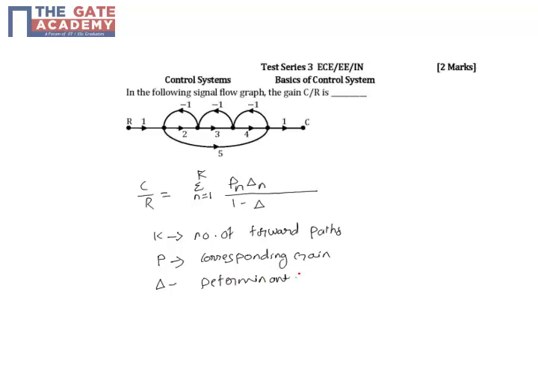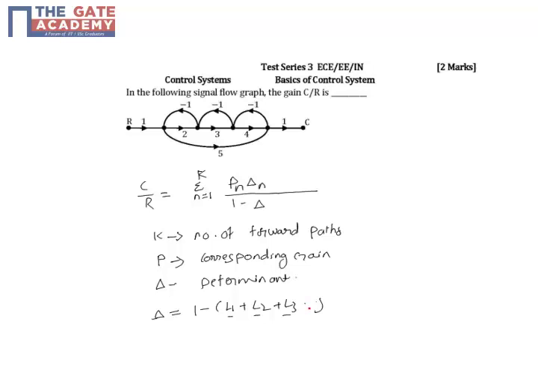This delta is given by 1 minus (L1 plus L2 plus L3), where L1, L2 and L3 are the individual loop gains.